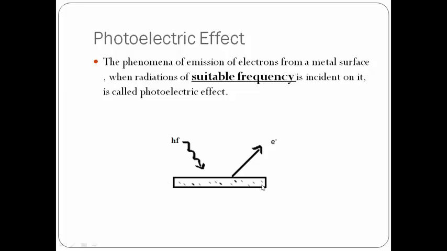If you incident it on a metal plate, electrons will be ejected from the metal surface. This phenomenon is called the photoelectric effect. Emphasis on the word suitable frequency. It doesn't happen for all frequencies. For each metal it will happen for a definite frequency.